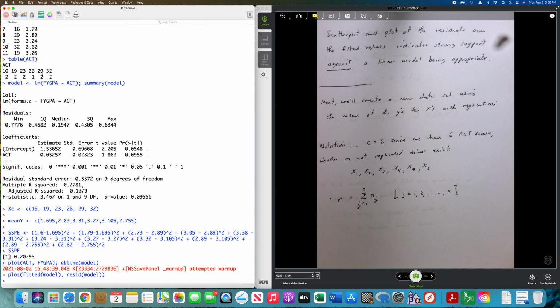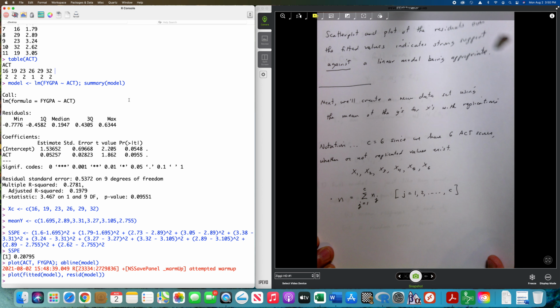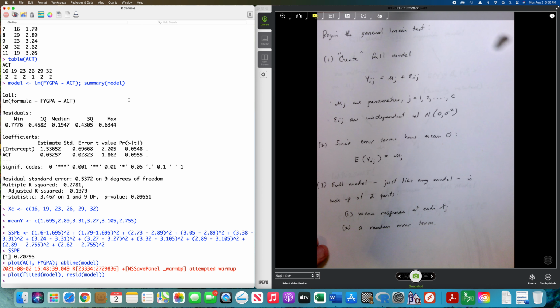The n sub j for j equal 4 would be equal to 1, and again, we run that all the way up to 6. Now we're going to begin the general linear test. What we want to do here is create a full model, where we express the y values as the mean plus an error term.